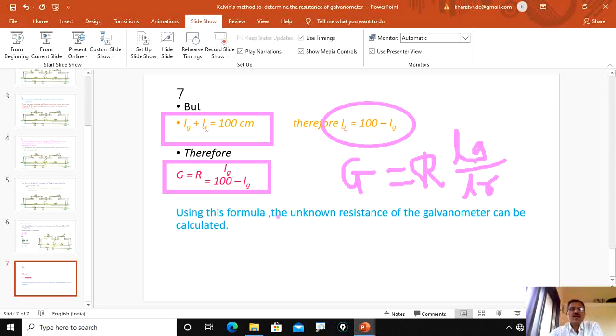Using this formula, the unknown resistance of the galvanometer can be calculated.